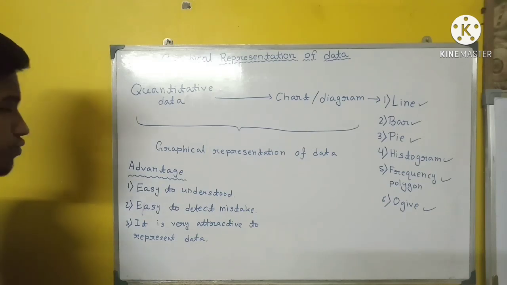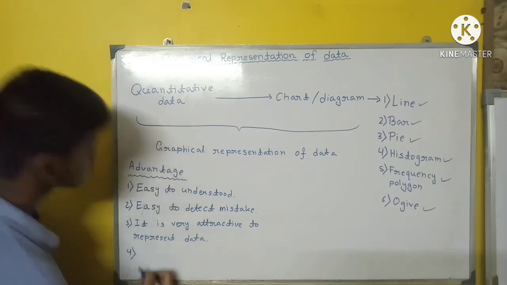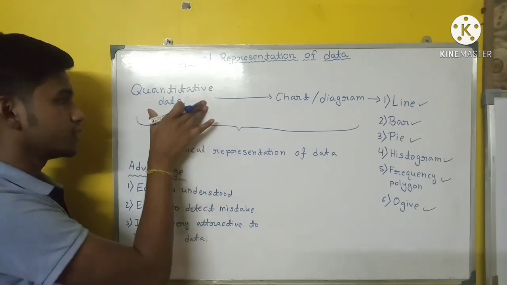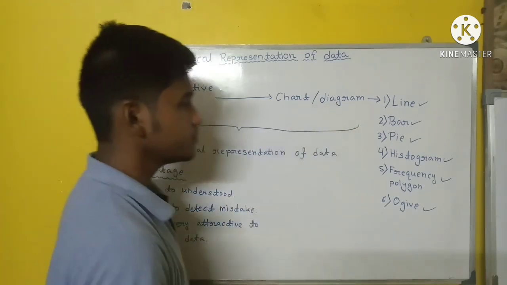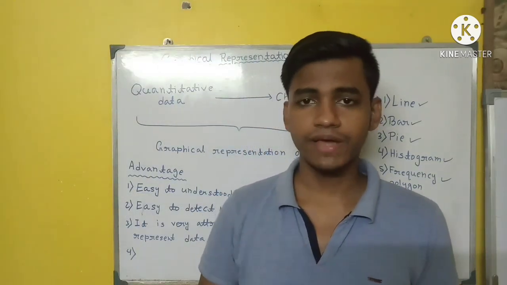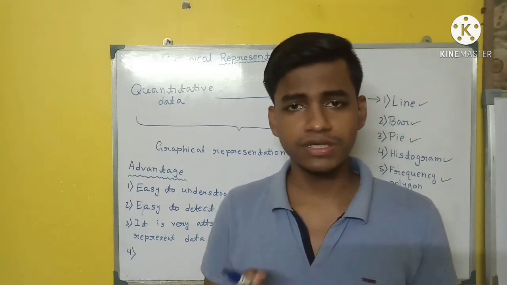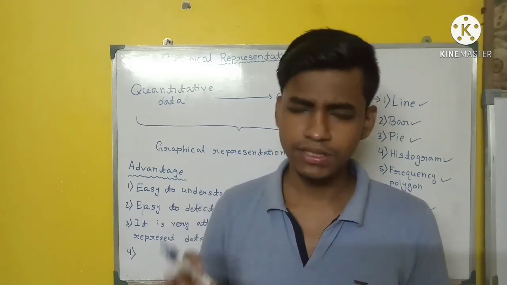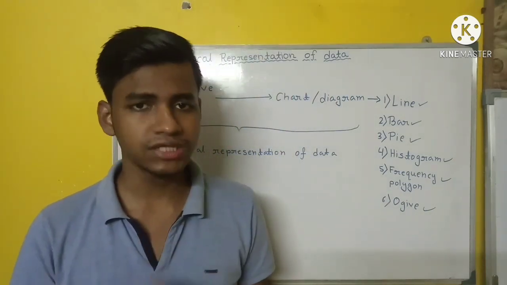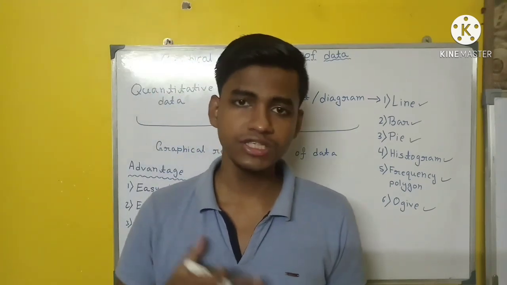And now the fourth point is, when you represent the quantitative data in chart or diagram, then always remember that in a chart there are two kinds of axes. One is x-axis and another one is y-axis. We always consider x-axis for a particular thing, and we always consider y-axis also for a particular thing, and then we look at the creation of this chart.